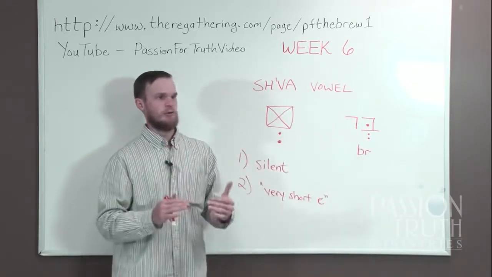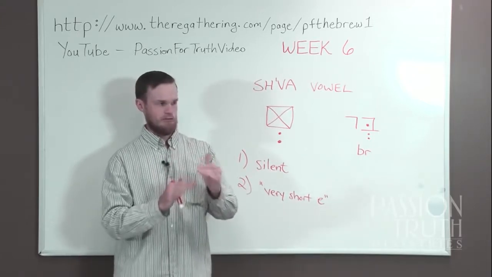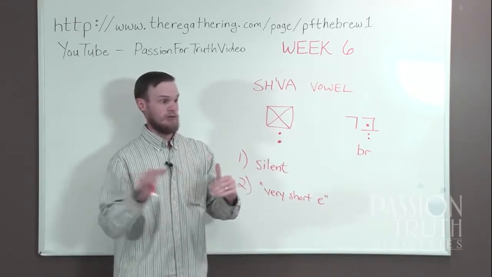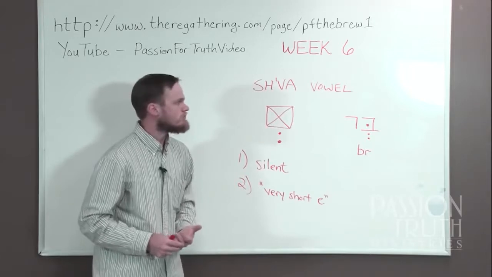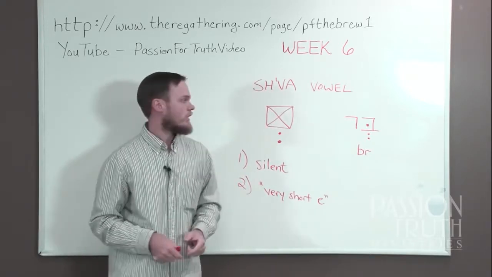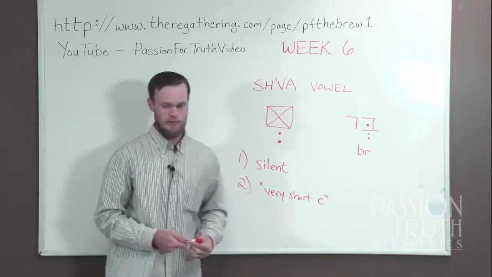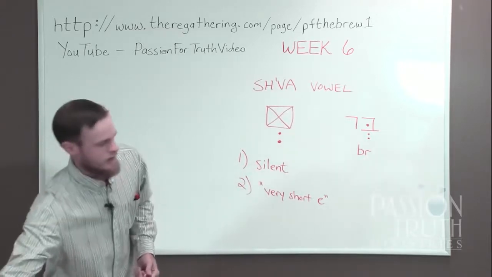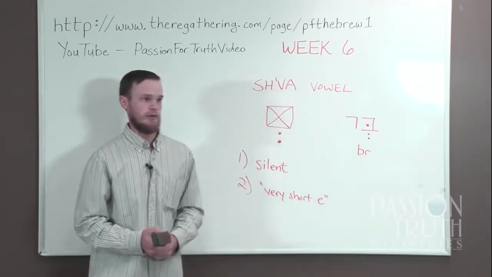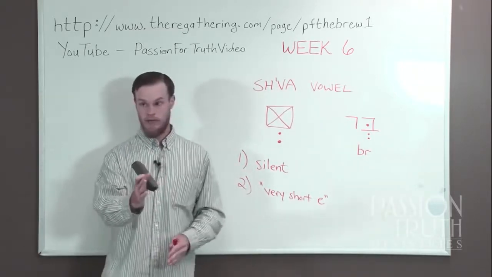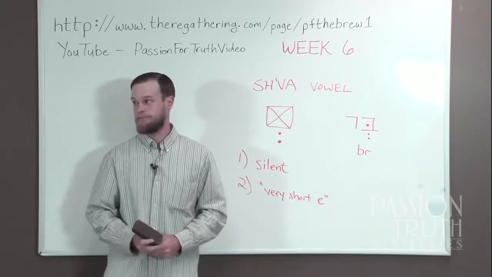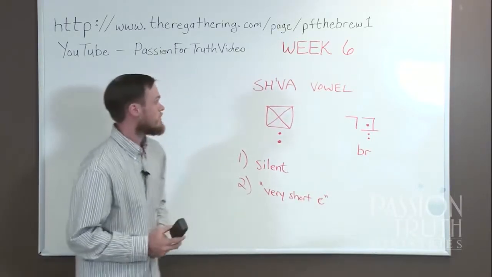It's sort of a placeholder letting you know, okay, this can change to something else in certain cases. Okay? So, like I say, there's a lot of technicalities that go along with the shva, but you can think of it as just making no sound at this point. Just connect the consonant that it's underneath to the consonant that comes right after. Okay?